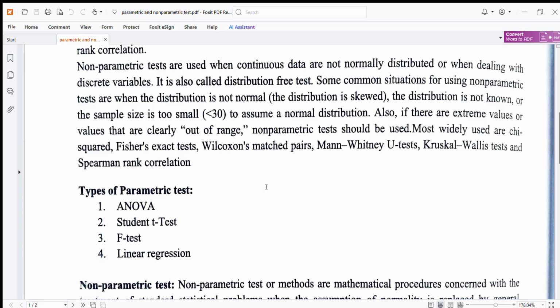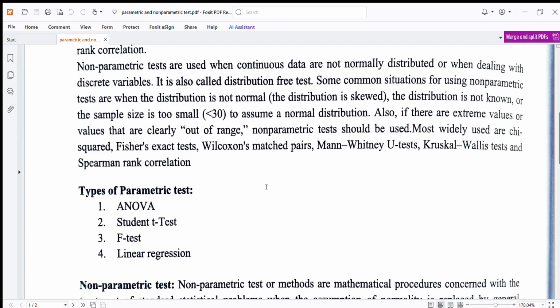Some common situations for using non-parametric tests are when the distribution is not normal, the distribution is skewed, the distribution is not known, or the sample size is too small, less than 30 to assume a normal distribution. Also, if there are extreme values or values that are clearly out of range, non-parametric tests should be used.